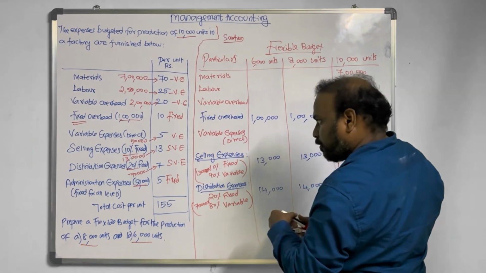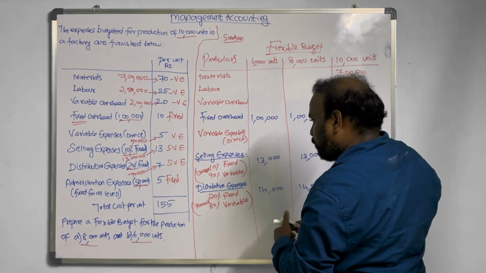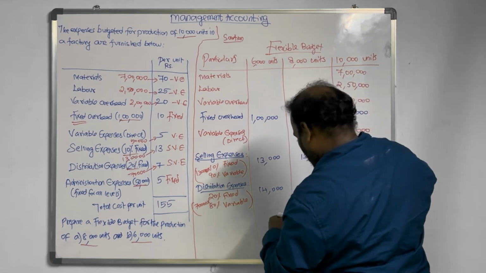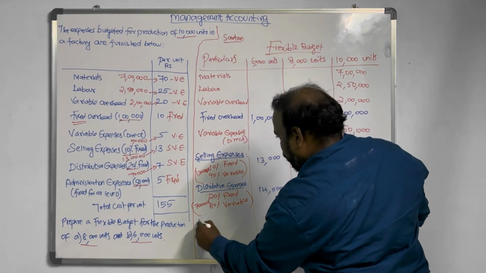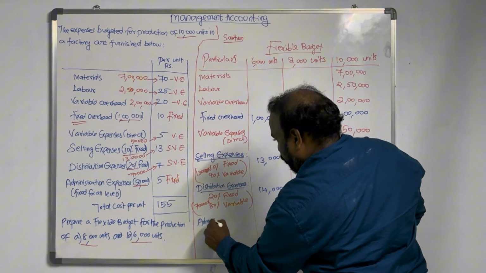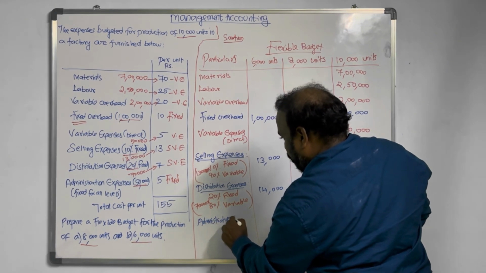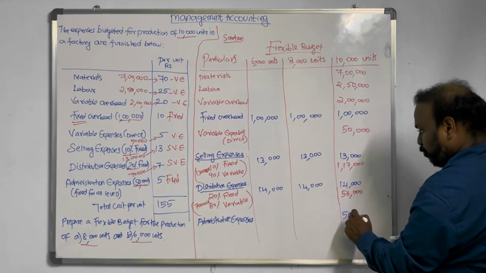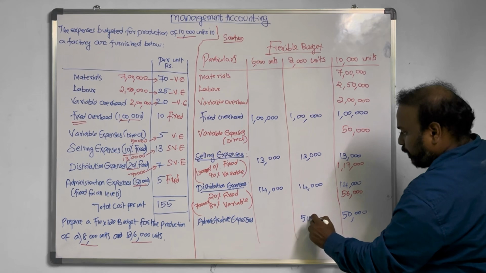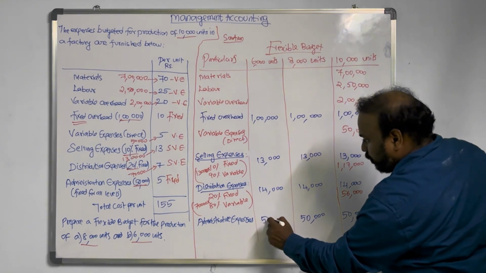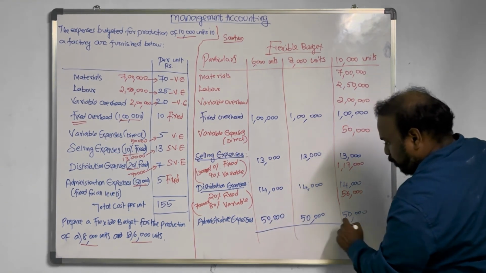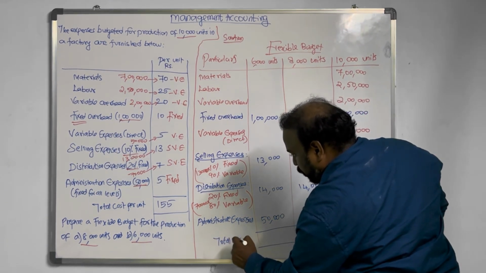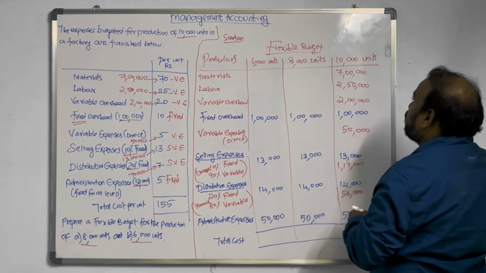Then the last one, administrative expenses, 50,000. It is fixed, amount is given in the bracket, so you write 50,000 for the entire thing, and this is the total, or total cost, or total expenses, or total overhead.